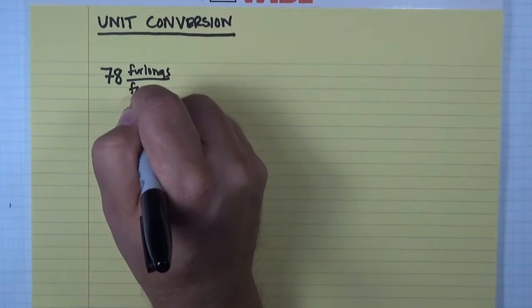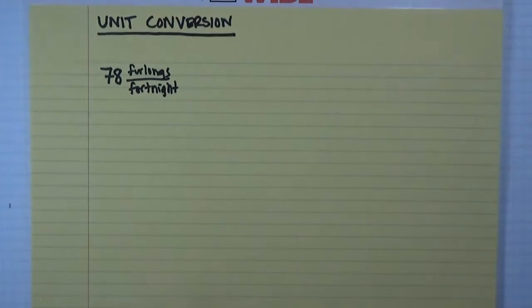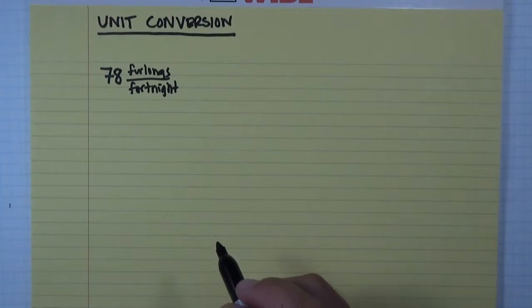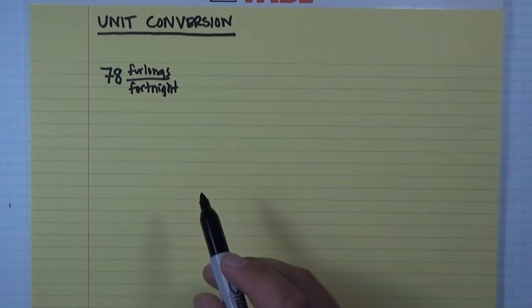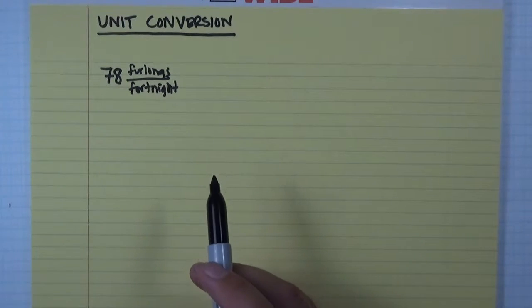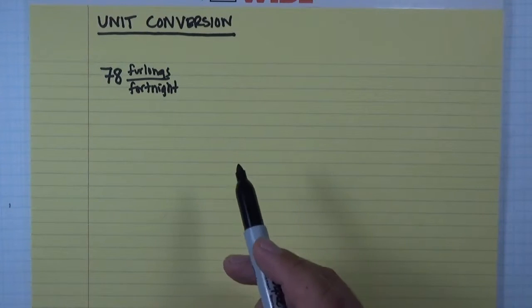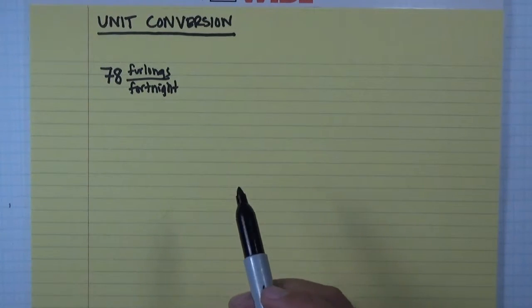per fortnight. And you'll remember in class that we said unit conversion is really just fractional algebra, where the unit conversions that I multiply by are not physically changing the quantity that I'm talking about, because the unit conversion is basically just multiplying by 1.